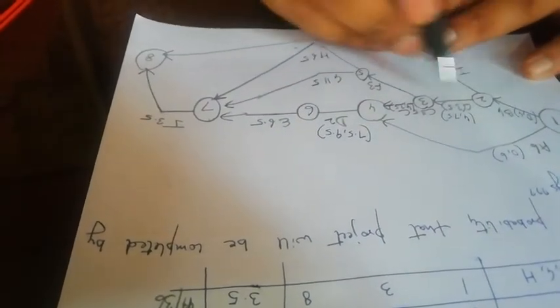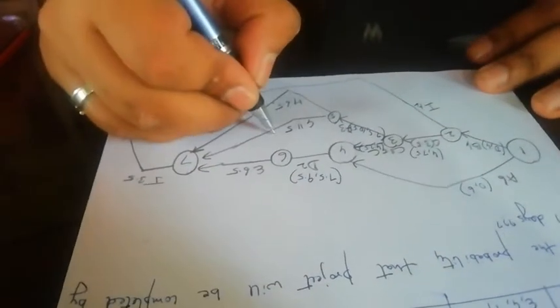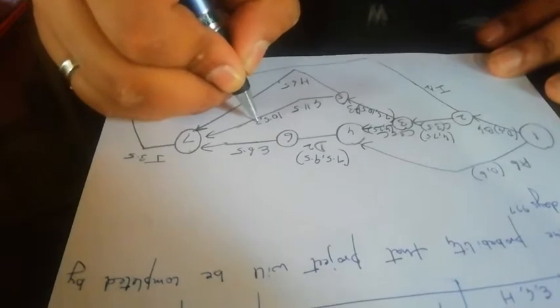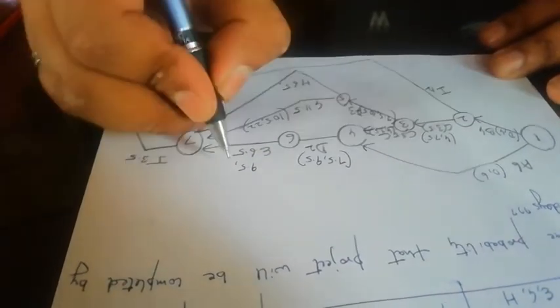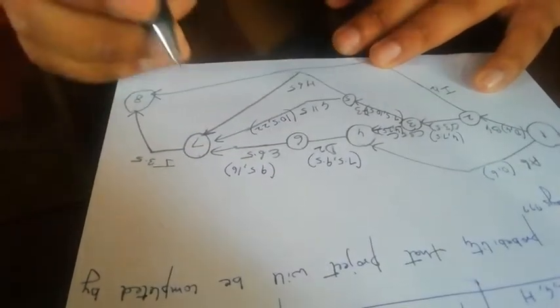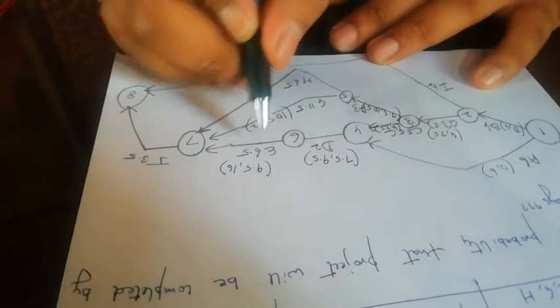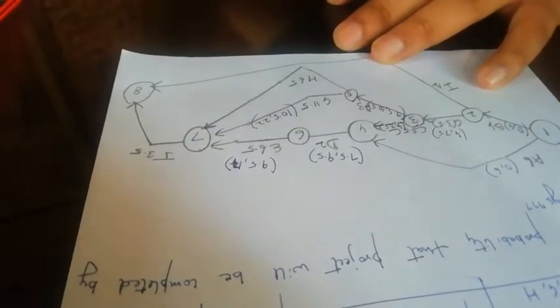Then F is 7.5 and 10.5. Then 10.5 and 11.5 gives 10.5 and 22. Then 9.5 plus 6.5, sorry, it is 16 only. Then 10.5 plus 6.5 is 17.